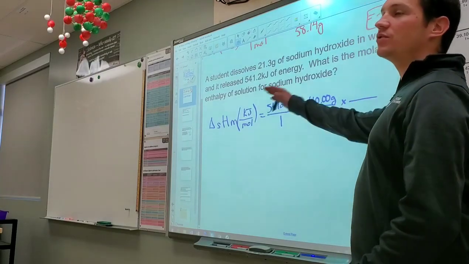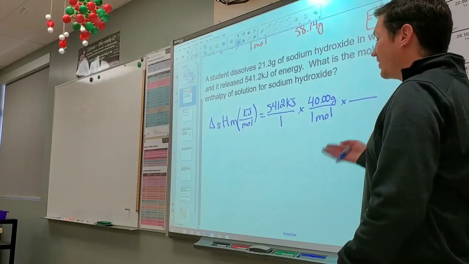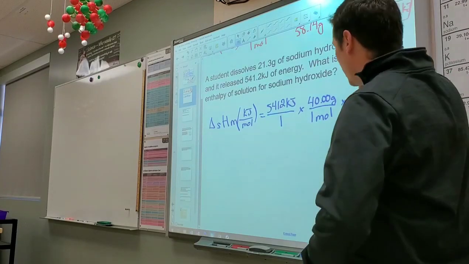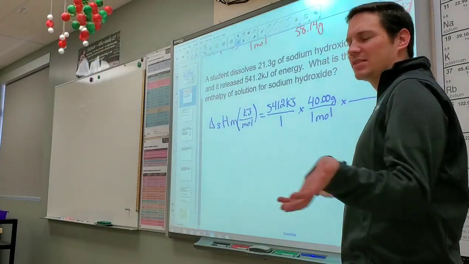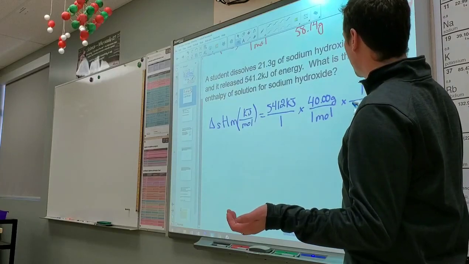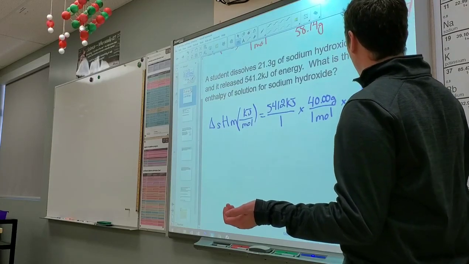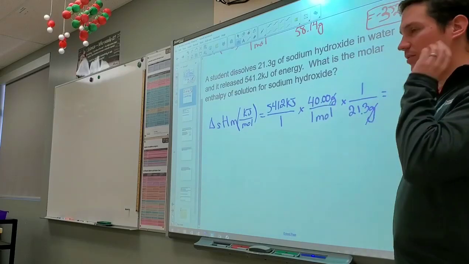Okay, so far, what do our units look like? What are our units so far? Have we canceled anything out? No. So we have kilojoule grams per mole. What is that? That's nothing. So what do we have to do? We have to cancel grams, right? 21.3 grams of this stuff. Grams and grams cancel, then we have kilojoules per mole.